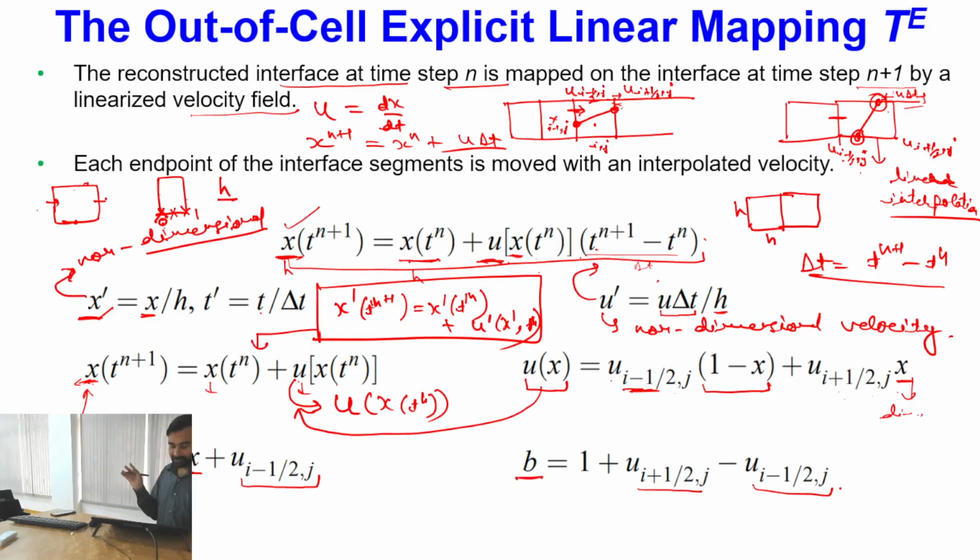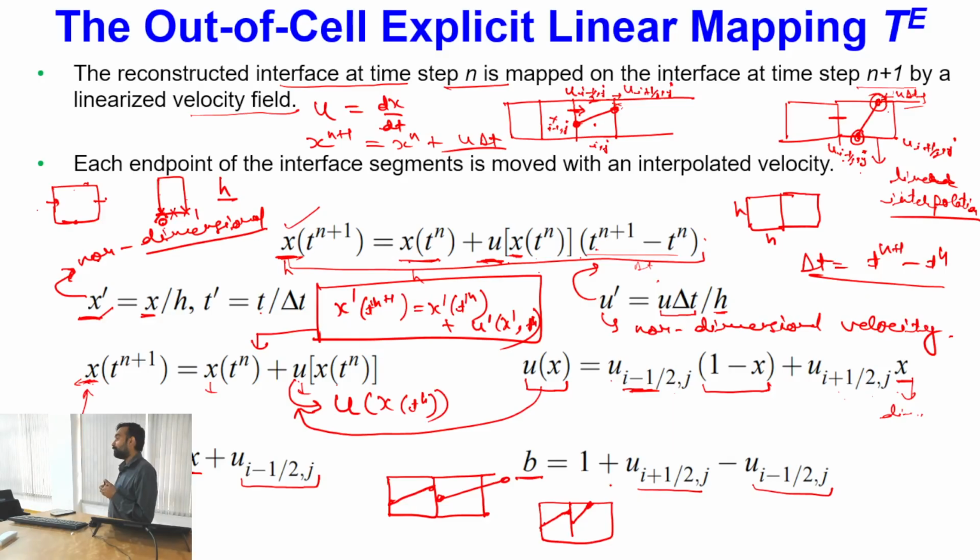You have to understand one simple thing. If this is your cell, after advection it can either enlarge, or it can contract as well, depending upon the value of the velocity field.